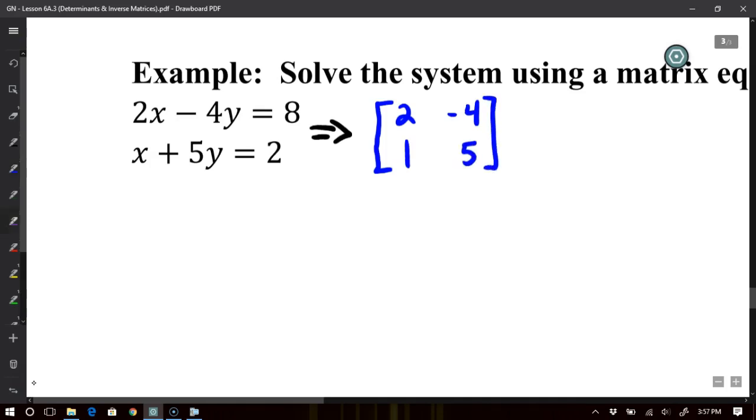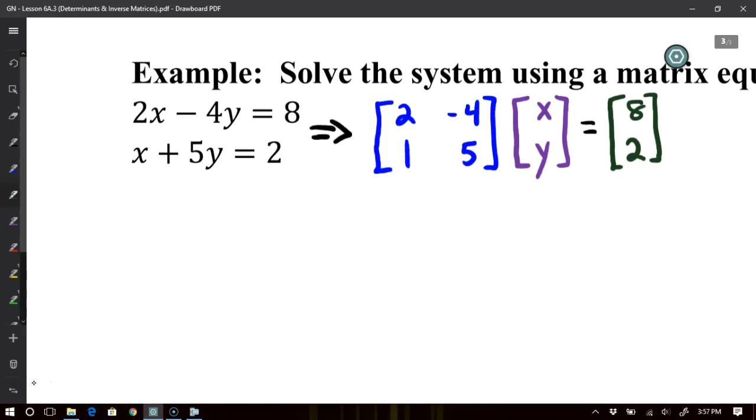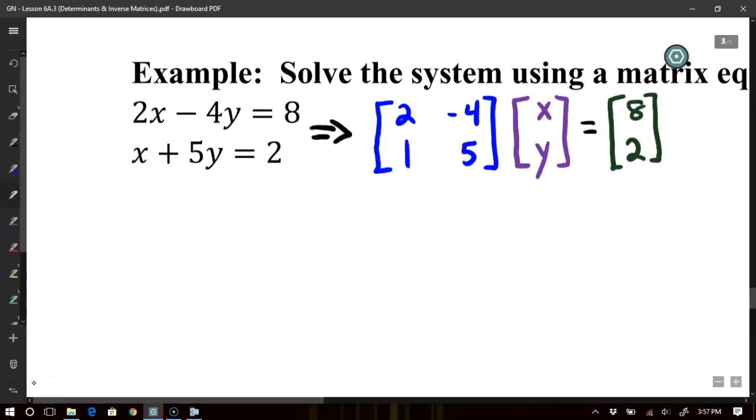Then I'm going to set up my variable matrix, which in this case is x and y, equals the answer matrix, the solution matrix, which in this case we're told is 8 and 2. And so this is our matrix equation. Very simple to write down. It's expected that you know how to translate from systems into matrix equations.